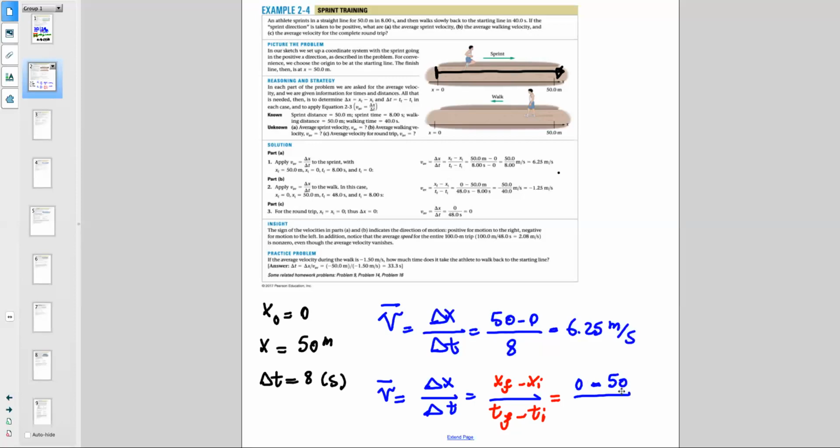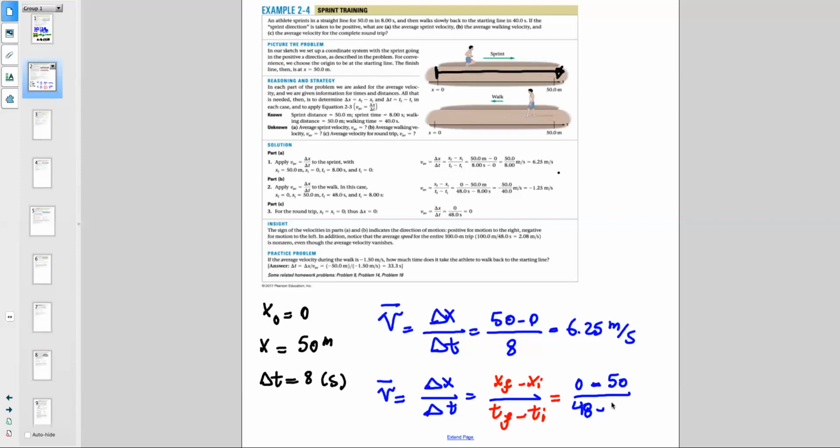Delta t is t final, so the time at the final position, once he gets to x equals 0, is 48, because it took him 8 seconds before, and now it's taking him 48 seconds to get to the final.